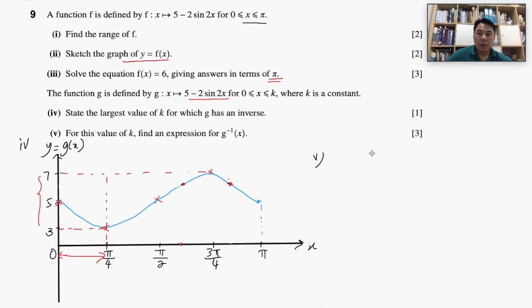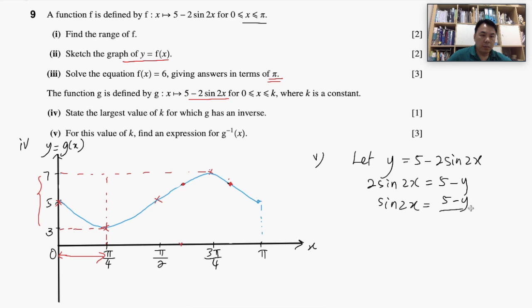As usual, we are going to let y equal to 5 minus 2 sine 2x. So 2 sine 2x is equal to 5 minus y, and then sine 2x equal to 5 minus y divided by 2. 2x is inverse sine of 5 minus y over 2.